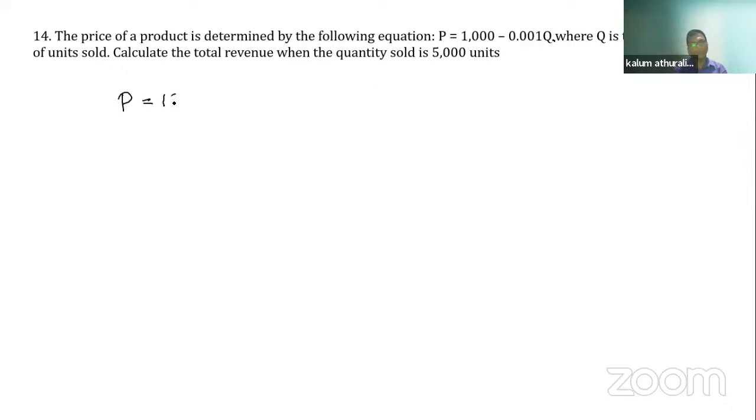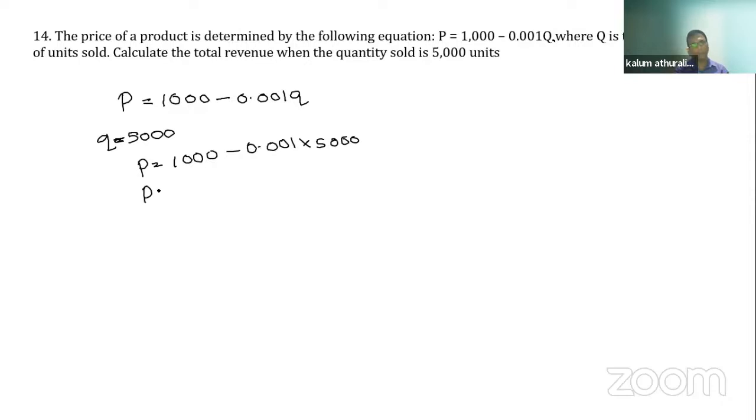Price equals 1000 minus 0.001 Q. Now we can find the price when Q equals 5,000: P equals 1000 minus 0.001 times 5,000.